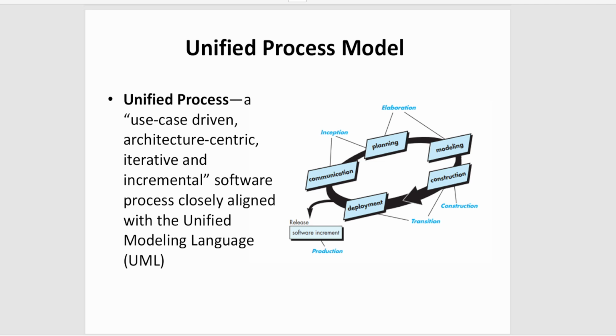We will be seeing what UML is in the course of this series when we discuss requirement engineering in more detail. But as of now, understand that we have seen these five basic types of activities written here: communication, planning, modeling, construction, and deployment.